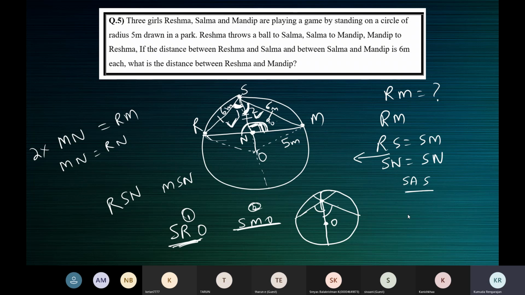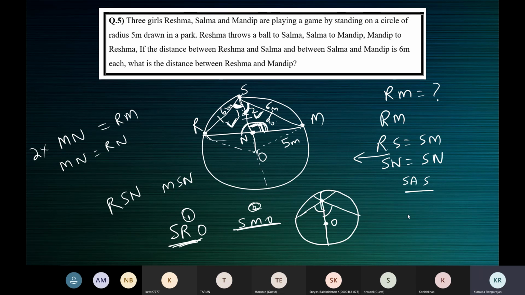So this is the alternate approach. If you don't want to state that result and write angle 1 is equal to angle 2, take up these two triangles and show that they are congruent to each other. So by SSS congruence criterion, angle 1 is equal to angle 2, CPCTC.